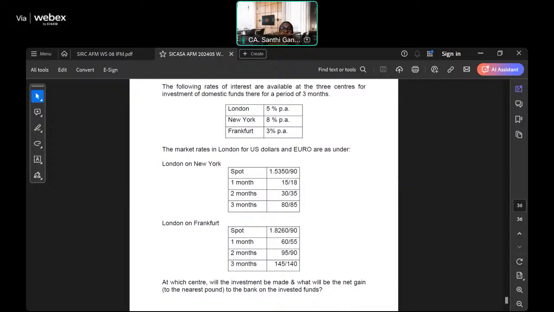GBP is there, USD is there, it will always be 1 GBP is equal to something. Now this is in the London market. In the London market, they are quoting 1 GBP is equal to how much? This is 1 GBP is equal to how many USD? This is 1 GBP is equal to how many euros?